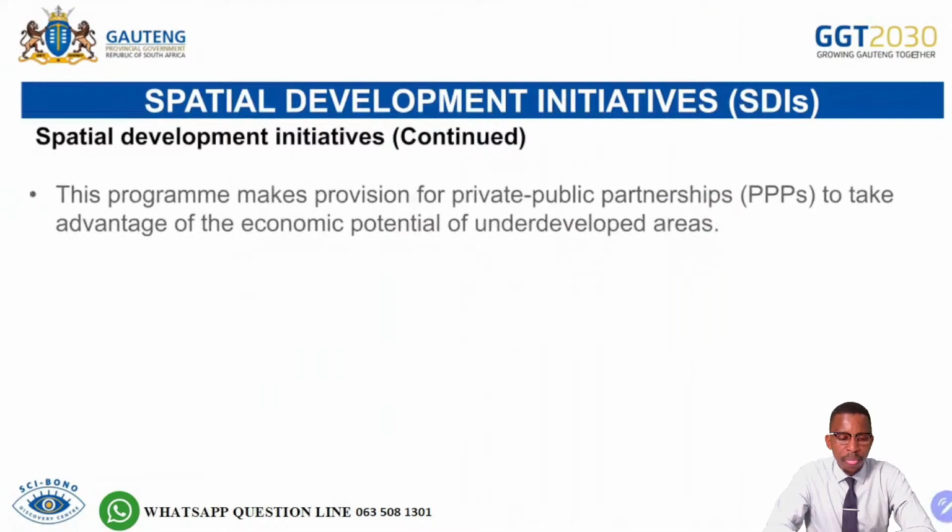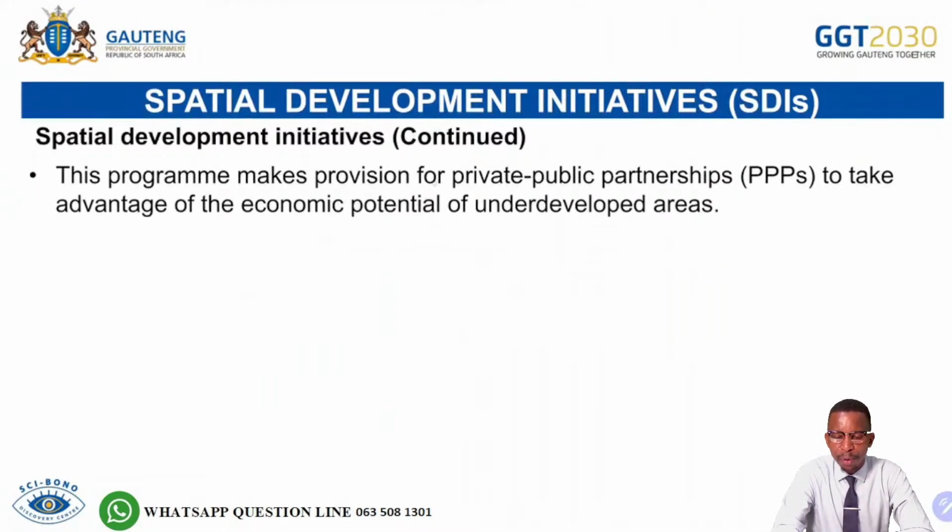We continue. This program makes provision for public-private partnerships. So in this situation, we come across triple Ps, whereby the government works hand in hand with the private sector to serve the nation or those communities, to take advantage of the economic potential of underdeveloped areas.